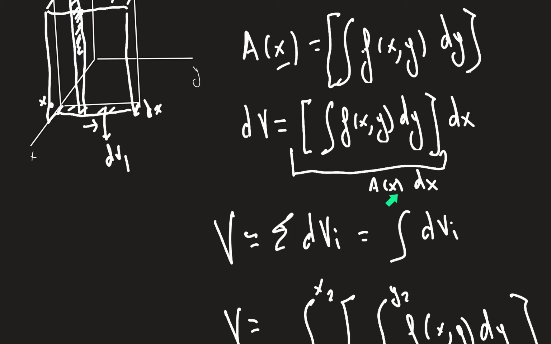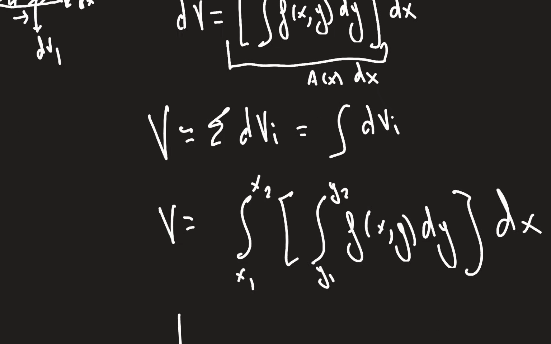But the area that exists at the position x is all this expression. So the total volume will be the integral from x1 to x2 of the area A of x times dx. So this is the total integral.